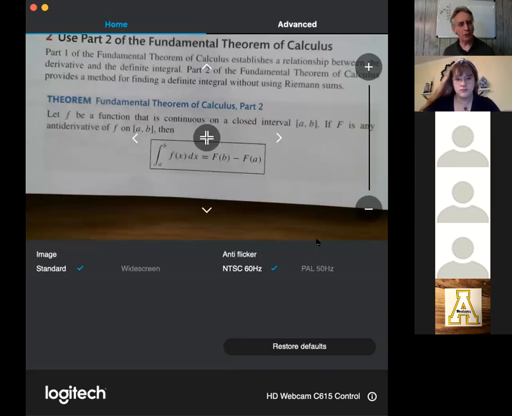The idea is if lowercase f is a function continuous on a closed interval a to b, closed is important, and if cap F is any antiderivative of lowercase f on [a, b], then the integral of f(x) dx is equal to the antiderivative with b plugged in minus the antiderivative with a plugged in.